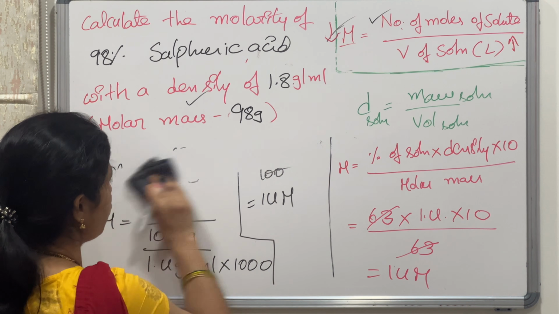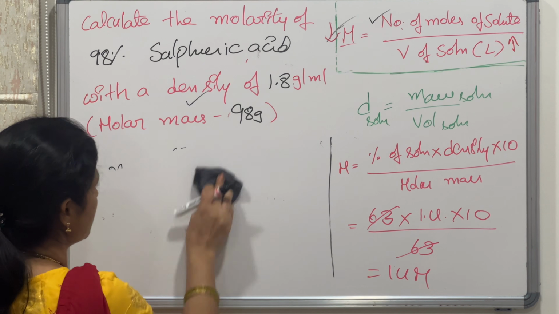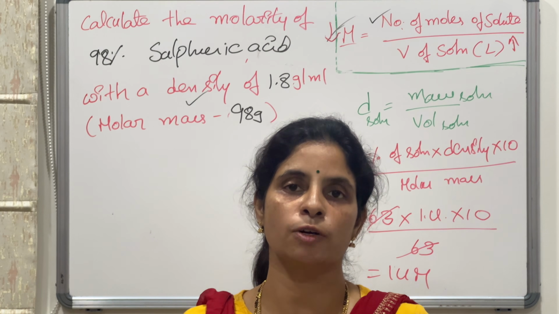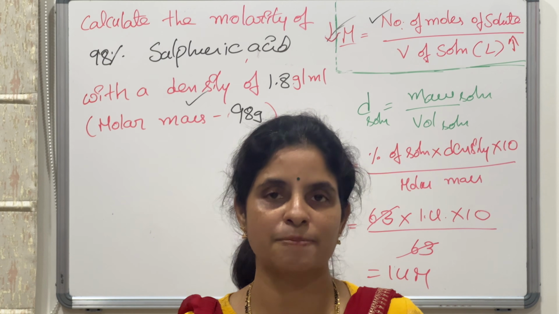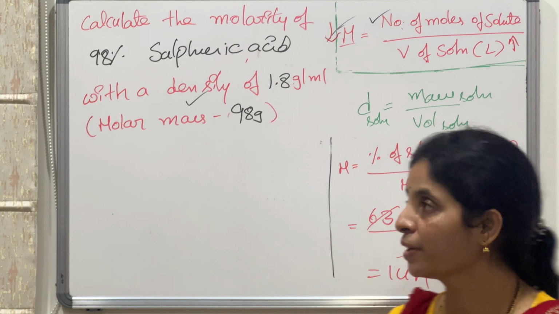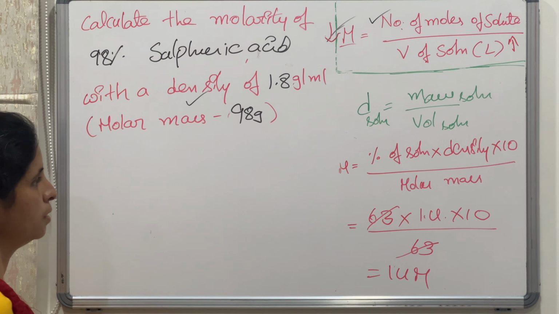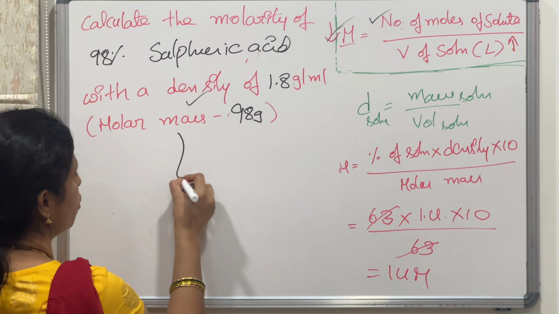Now use this formula, use both the methods. The first method will be useful for your boards and the second method will be useful for your competitive exams like JEE and NEET. Okay, this is your homework problem.